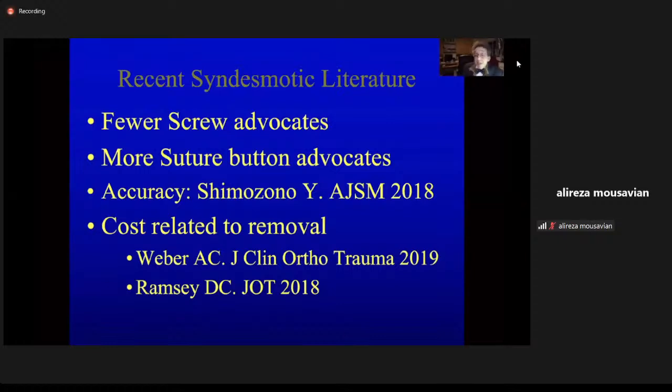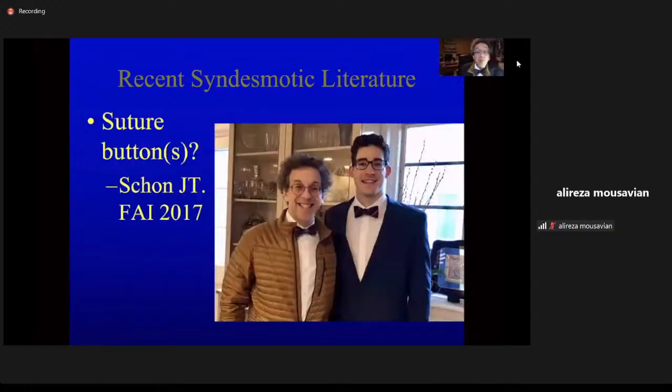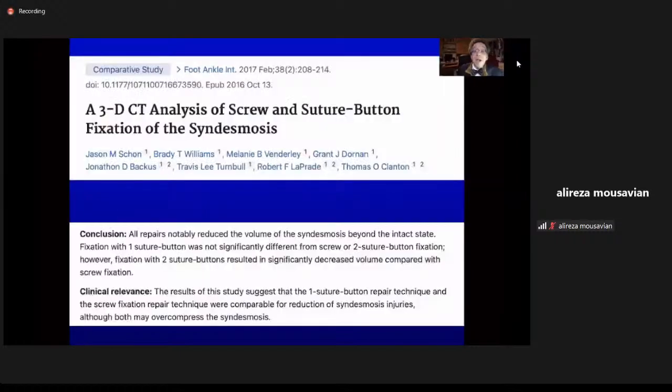Now, screws are less expensive than suture buttons, but you then have to take the patient back to the OR for removal, and that could add expense to the surgery, obviously. My son, Jason Schon, actually wrote a study just recently in Foot and Ankle International looking at 3D CAT scan analysis of screw and suture button fixation.